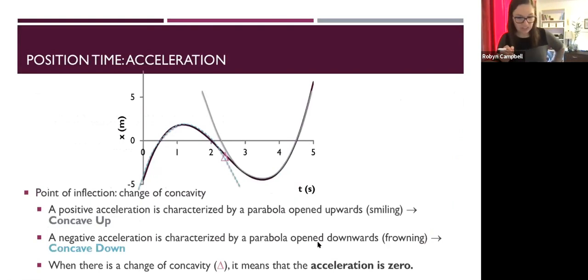We can also say a little bit about the acceleration from a position time graph. We can do that by looking at concavity, which you might have touched upon in the past. So if you have a graph that is concave up, or a smiley face like we do here, I know that that region of the graph has a positive acceleration, right?